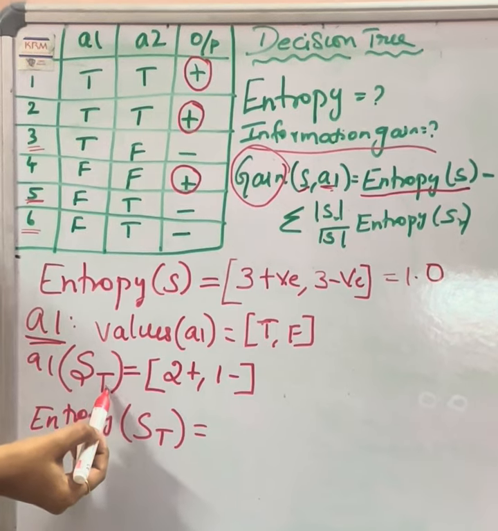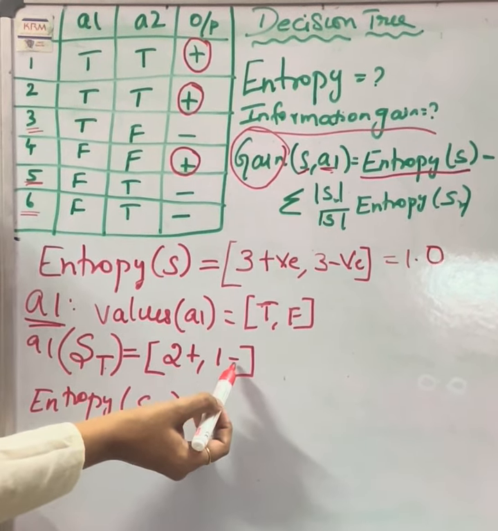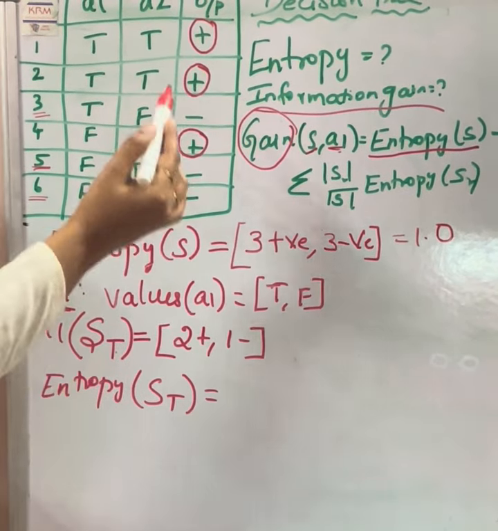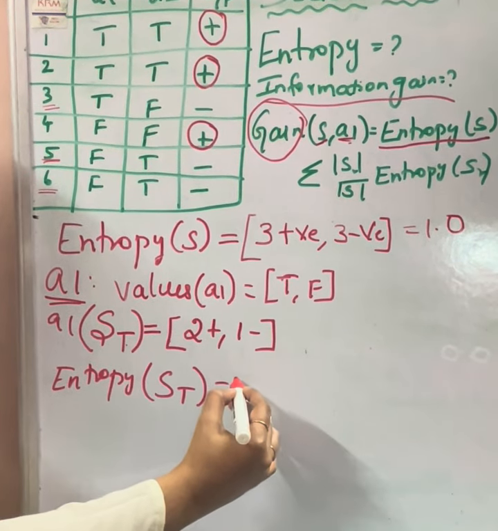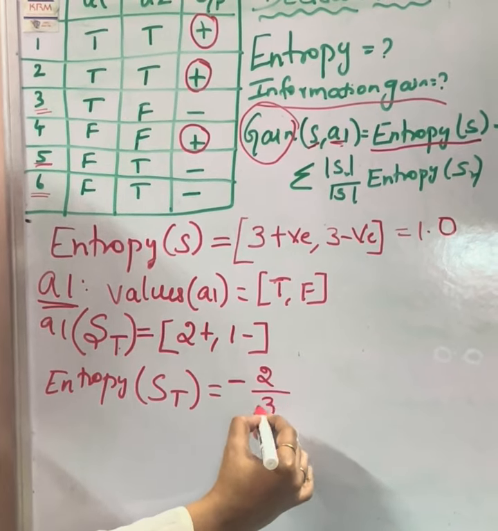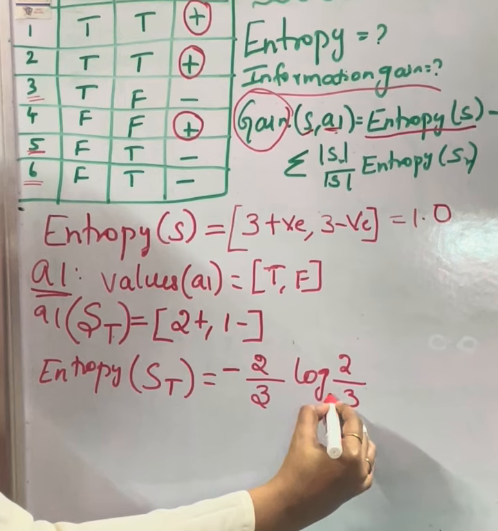In these three true values, two are contributing positively to the outcome and one is contributing negatively to the outcome. So how this can be applied in the formula is, generally the formula is: 2 is contributing out of 3 positively, right, with log base 2.